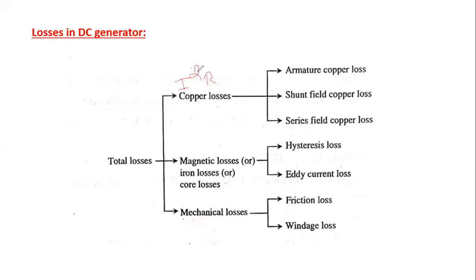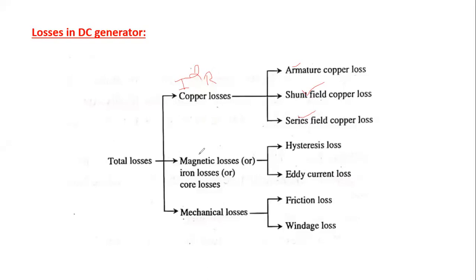Then again, these copper losses are classified into three types: armature copper loss, shunt field copper loss and series field copper loss.